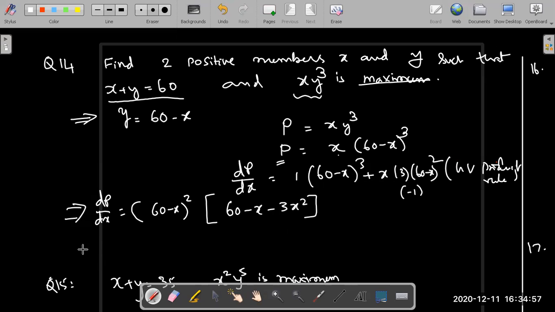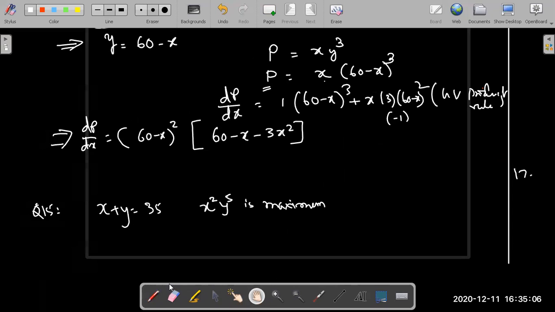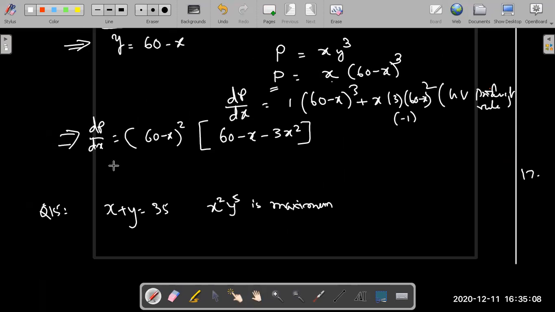So when we equate this to 0, dp by dx has to be 0. That's equal to 60 minus x equal to 0, or 60 minus x minus 3x squared equal to 0.